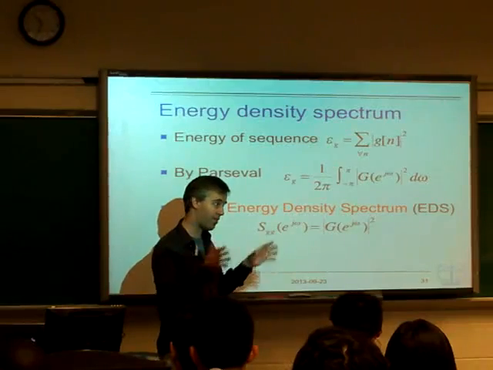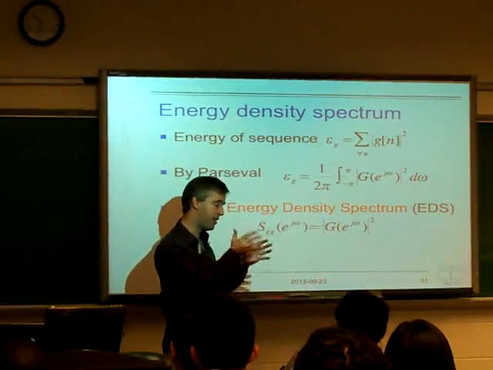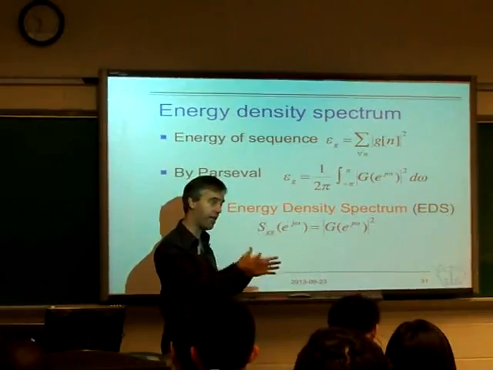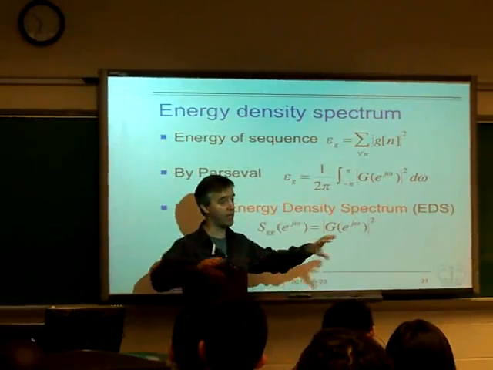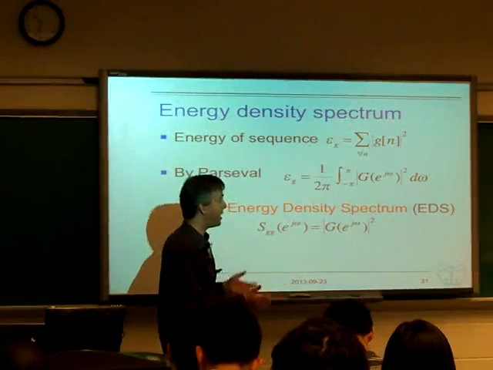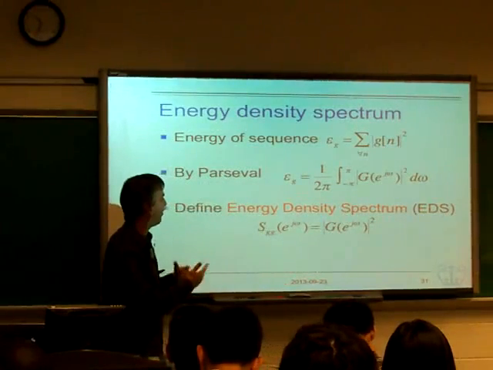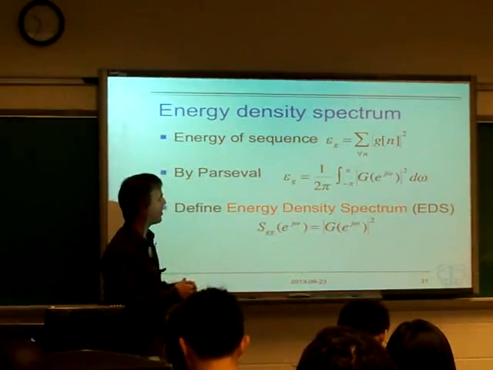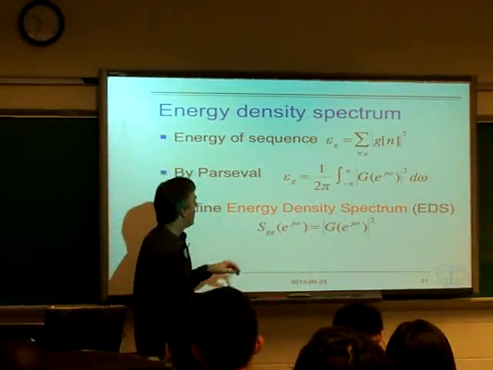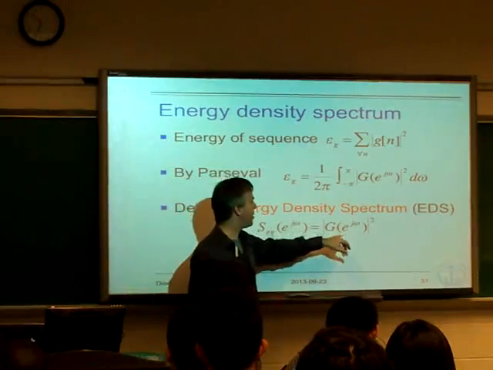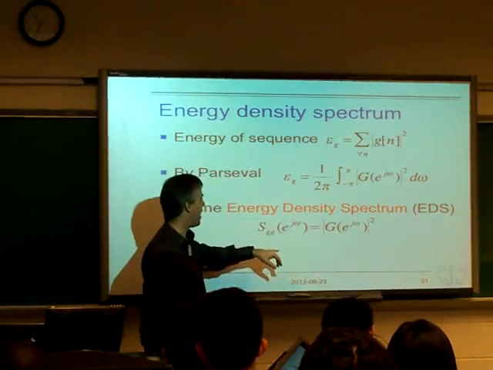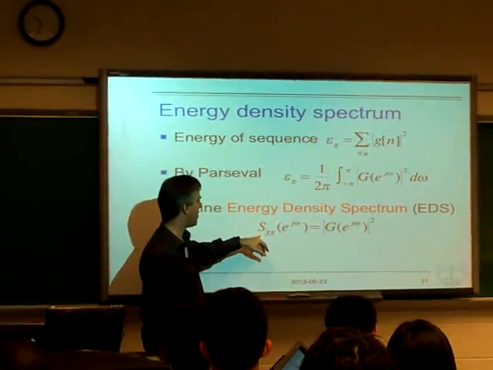It may be a strange concept because we're used to thinking of energy as something you can chop out in time, and in the Fourier transform, it's energy that's spread across all time. But at least it makes sense, at least in terms of the integral. So we can talk about the magnitude squared of the DTFT as an energy density spectrum.